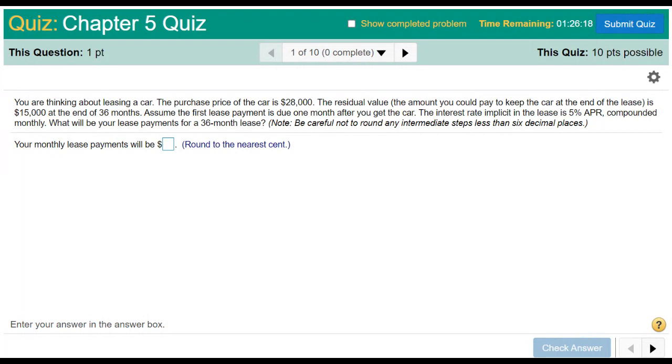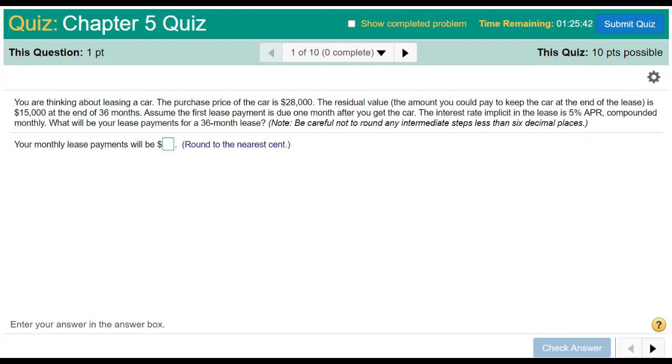So 28,000 minus the present value of the residual amount, and then we're going to calculate our monthly payments. N equals 36, IY equals 5 divided by 12. We're going to compute for payment, so we leave payment alone.